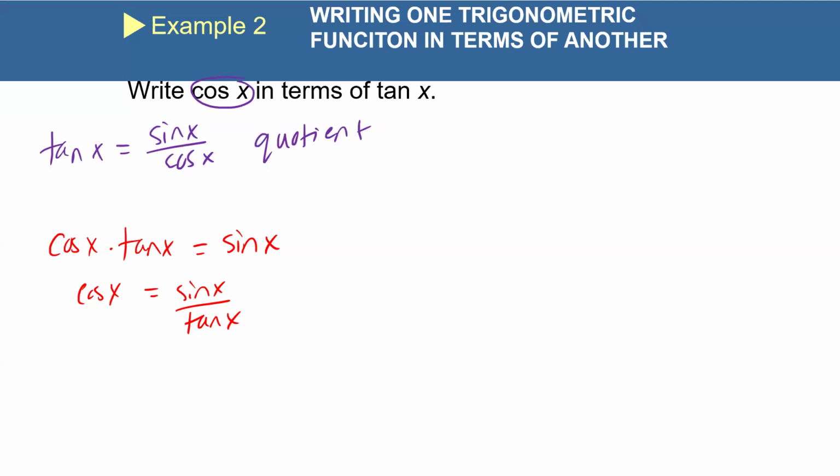So what happens here? What is tan again? Tan is sine over cosine, correct? So that means that I have sine X divided by sine over cosine. How do you multiply fractions?